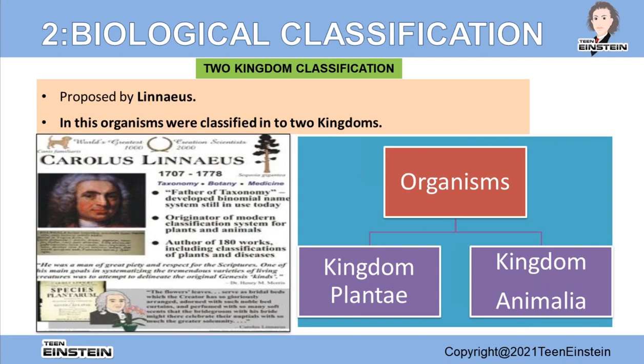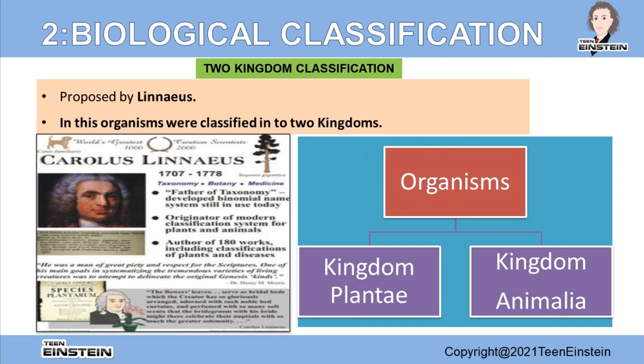Then after this, many more attempts were made, and the next was done by Linnaeus, and this is called the two kingdom classification. From the title itself we can make out that only two kingdoms were present in it: kingdom Plantae and kingdom Animalia.